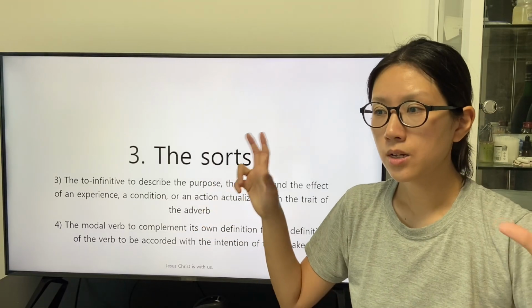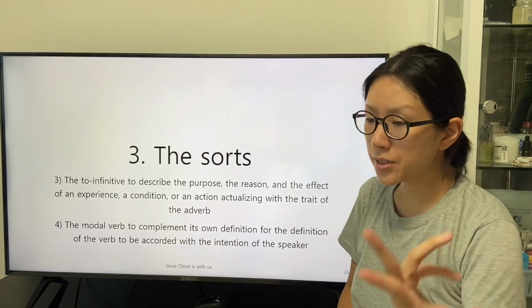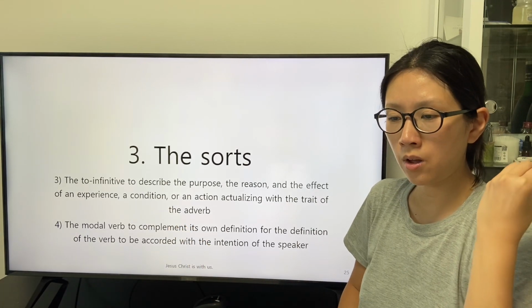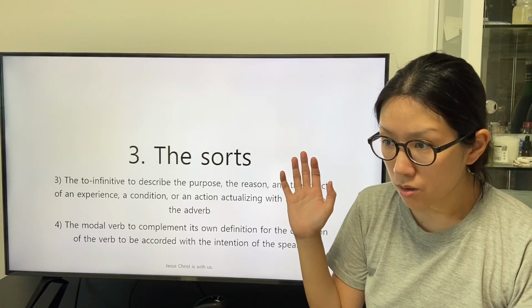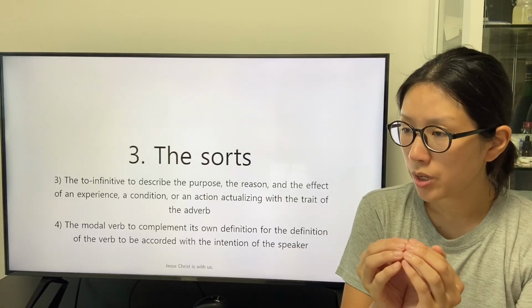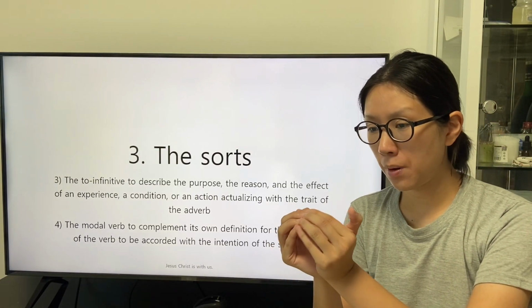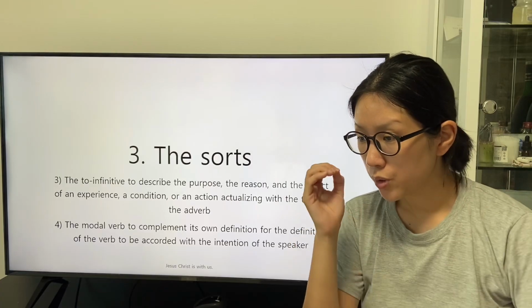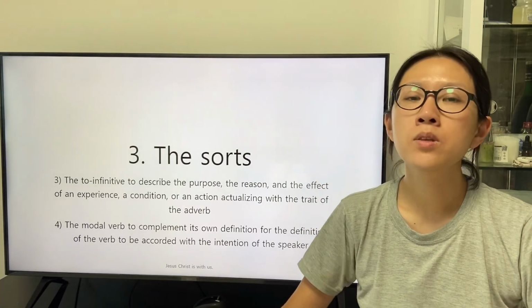This is the description focusing on the meaning of the combination of the preposition to and the object of the preposition to, that is the root infinitive.